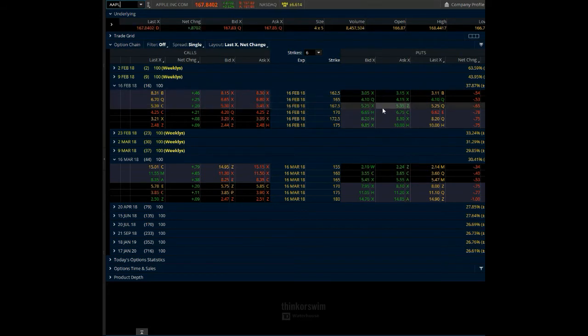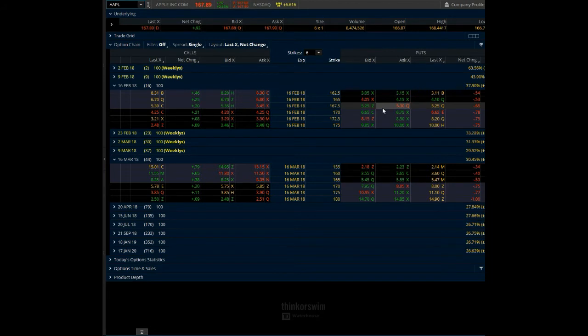They would be like $3 or $2.50, assuming Apple would be relative to the VIX at that particular point in time. So that's all volatility is. That's all the VIX is.